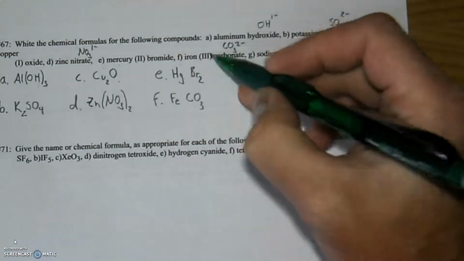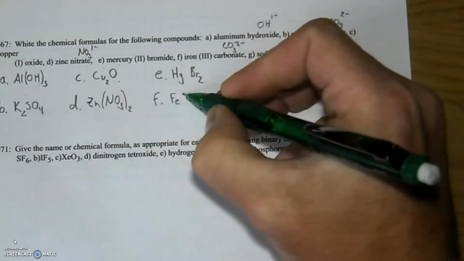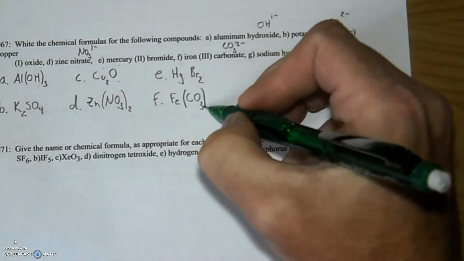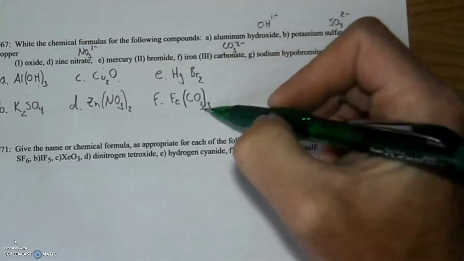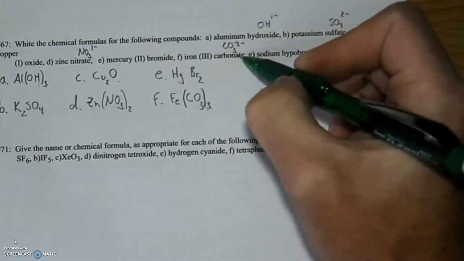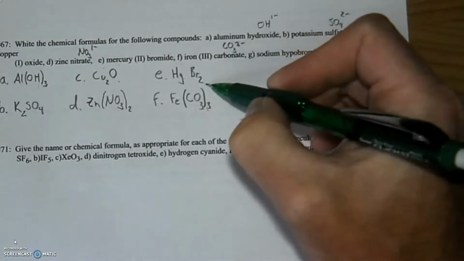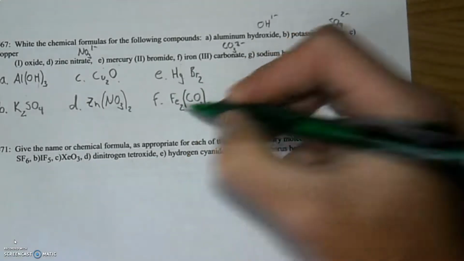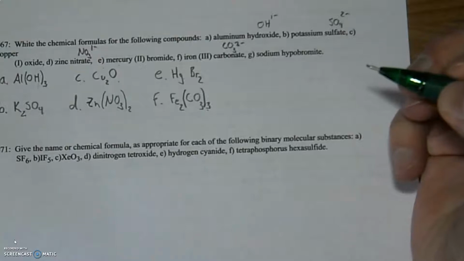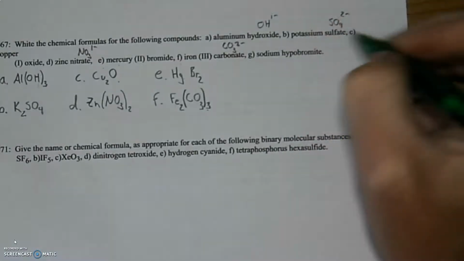All right, that 3 is going to come down here, so I need my brackets. So I have 3 carbonates that came from the iron 3, swing it down. Carbonate was a 2 minus, that's sitting up here. Bring that down there. There it is.